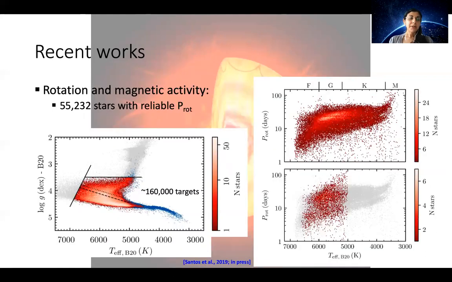And then the last part of the work that we've been doing with people in my group is the study of the surface rotation and magnetic activity for all the Kepler stars, main sequence and subgiants. This was a sample of 160,000 targets observed for 4 years by the mission.